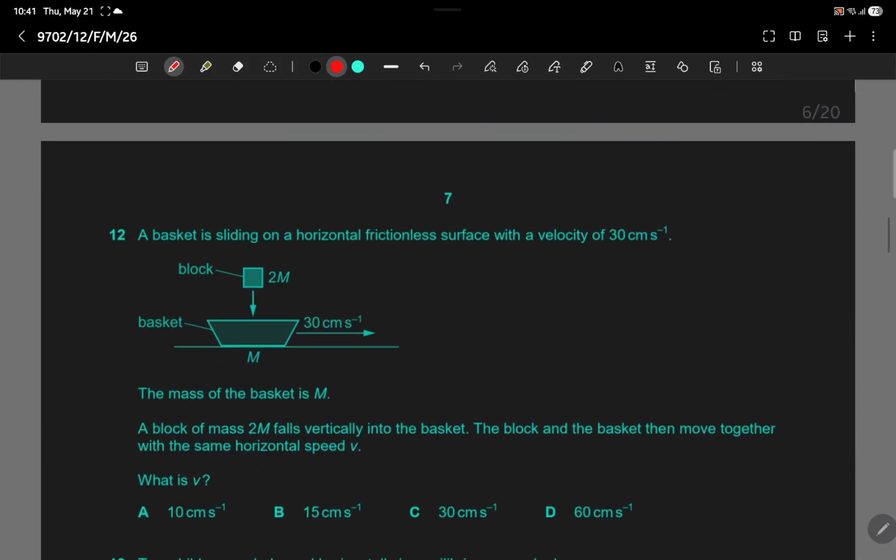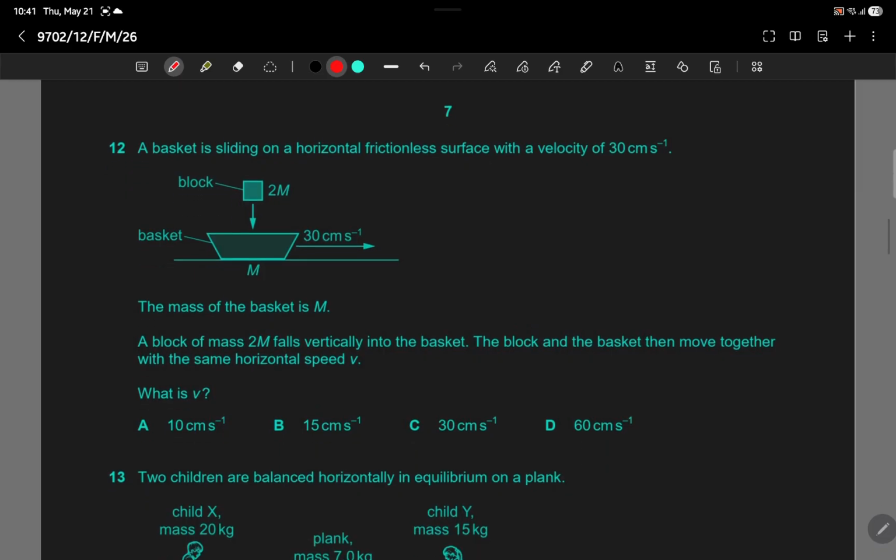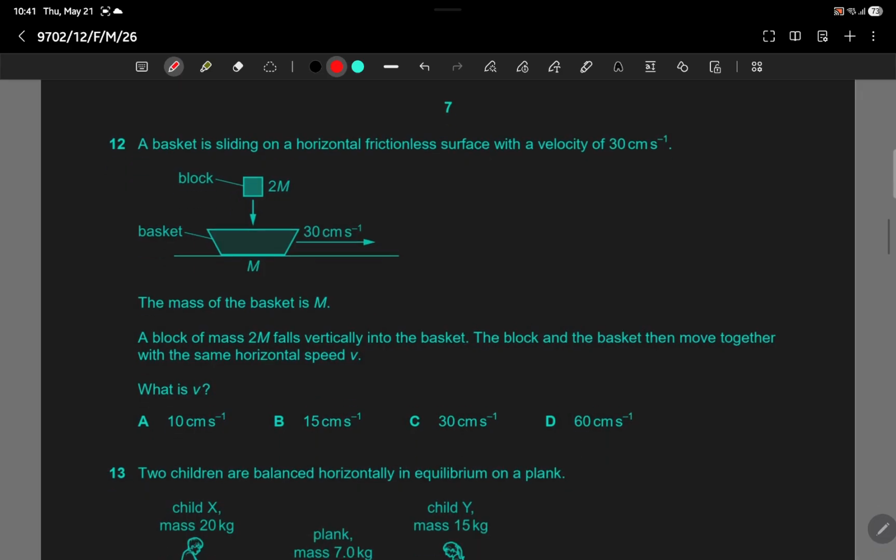Yeah. Now, number 12. A basket is sliding on a horizontal frictionless surface with a velocity of 30 centimeter per second. The mass of the basket is m. Okay. This seems to be a momentum question. So the block of mass 2m falls vertically into the basket.